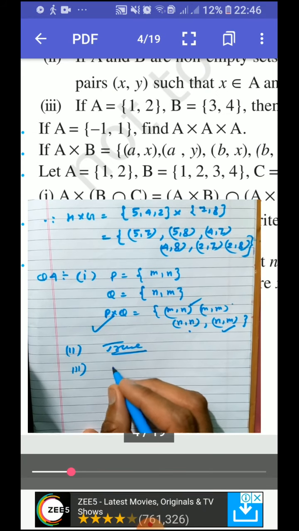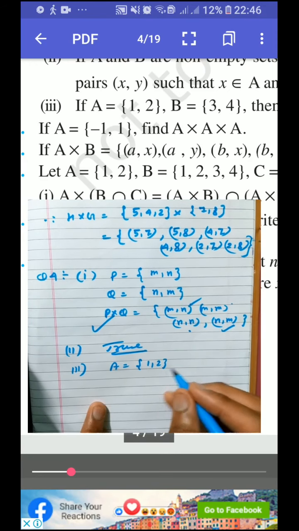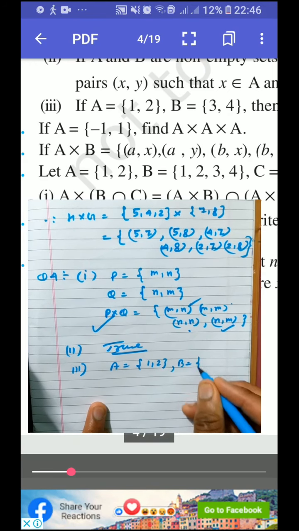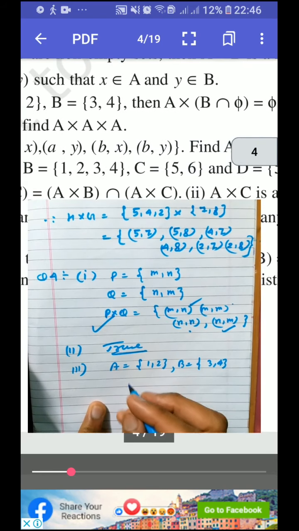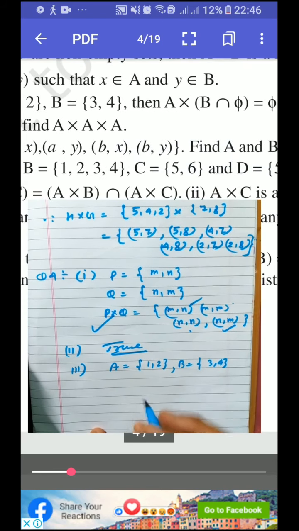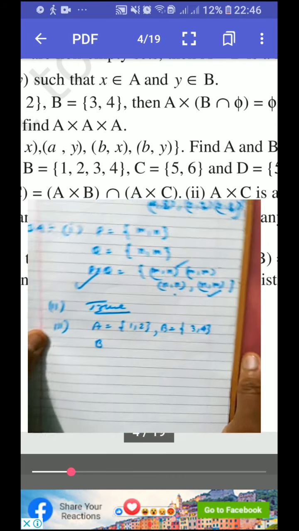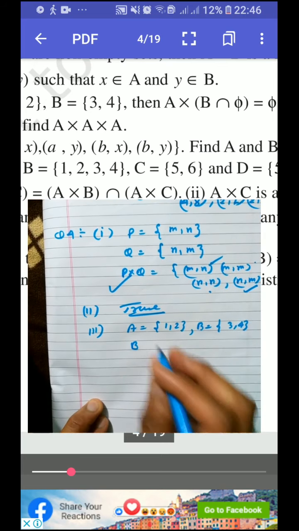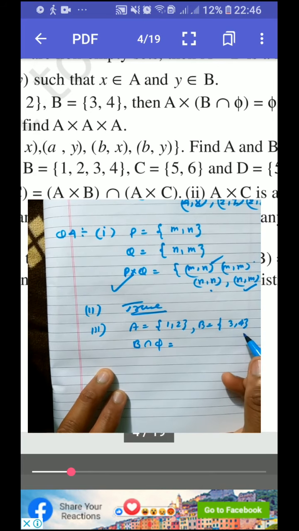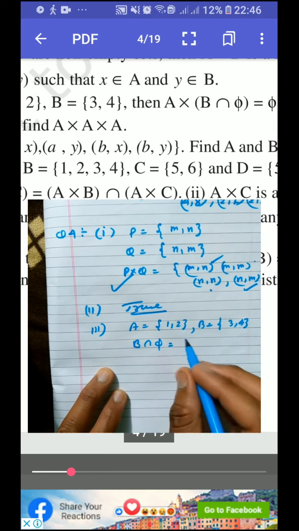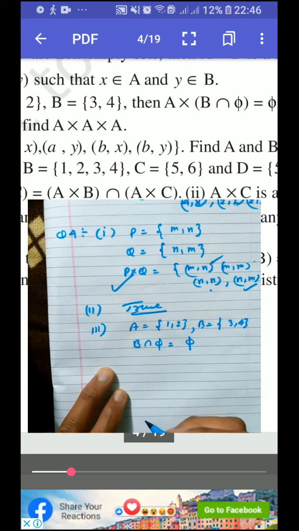Since B intersection phi means common elements of B and phi, nothing will be common, so B intersection phi will be phi.